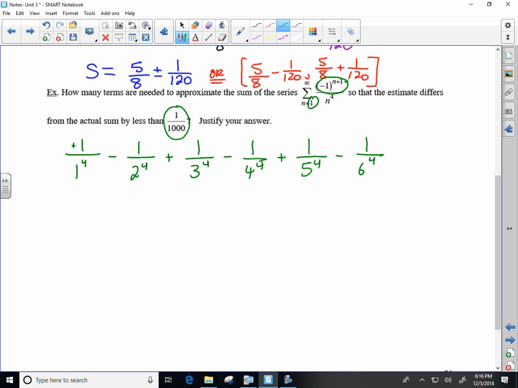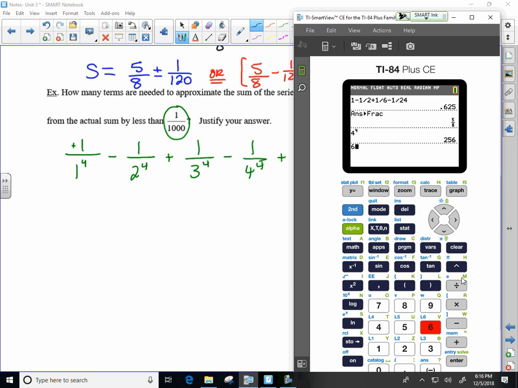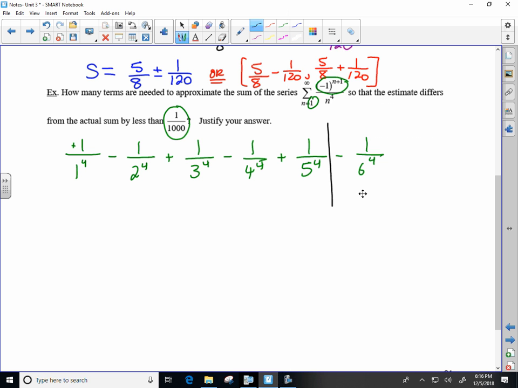I think this is 1 over 1296. I'll double check that one. Yeah. 1 over 1296 is smaller than 1 over 1,000, so that would be our first truncated value. Now, at this point, doing the calculations by hand is not a big deal to get our approximation.